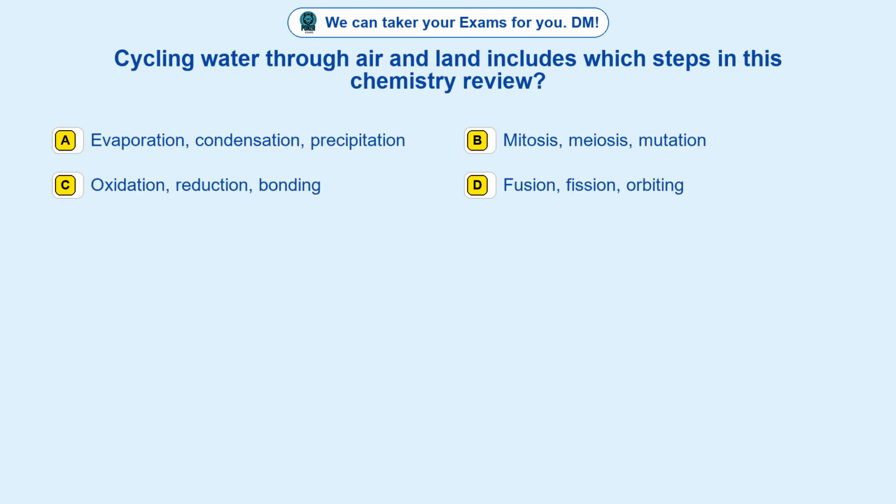Question 87. Cycling water through air and land includes which steps in this chemistry review? Option A, evaporation, condensation, precipitation. Option B, mitosis, meiosis, mutation. Option C, oxidation, reduction, bonding. Option D, fusion, fission, orbiting.